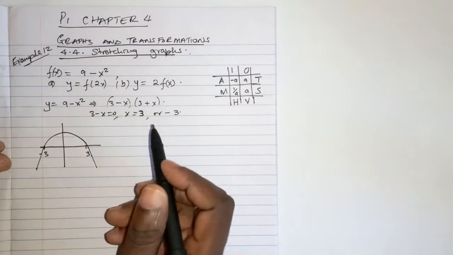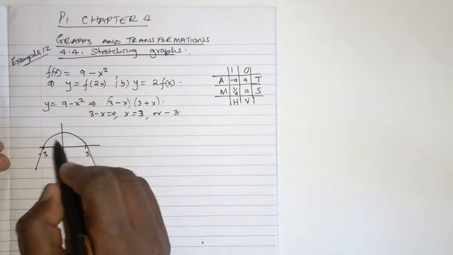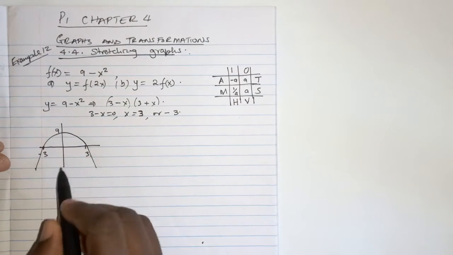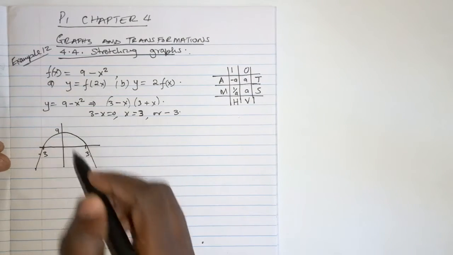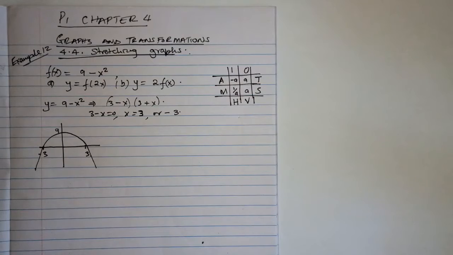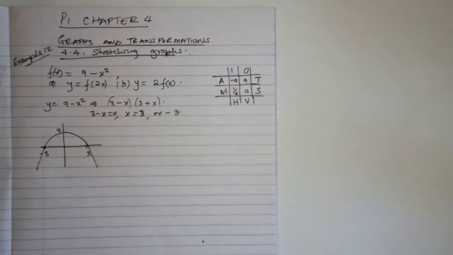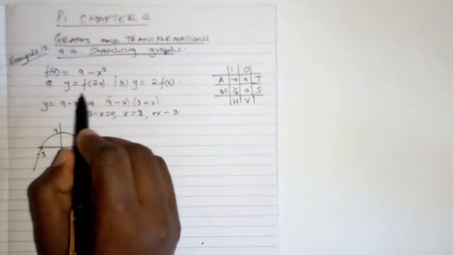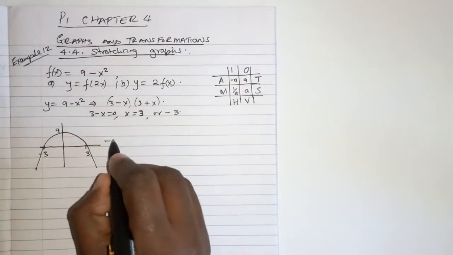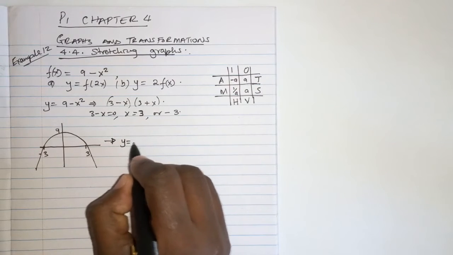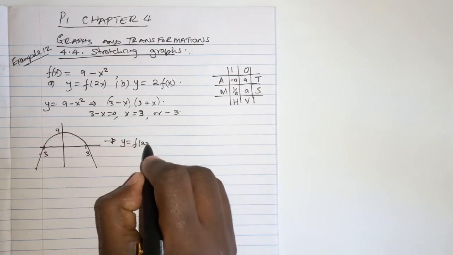Having said that, this is just 9 because it's appearing when x is 0. So 9 minus 0 is 9. It is this function that we need now to transform into what is expected in part A. This is to be transformed to y is equal to f(2x).